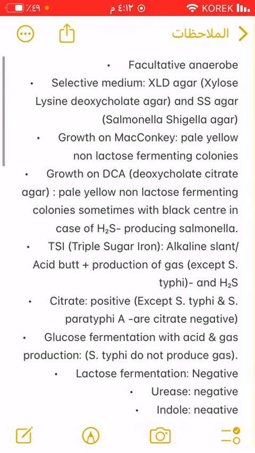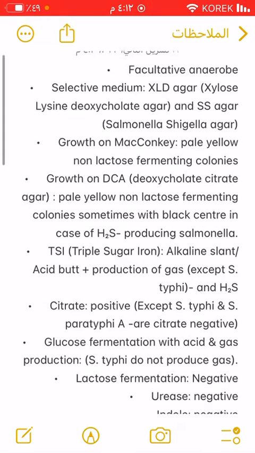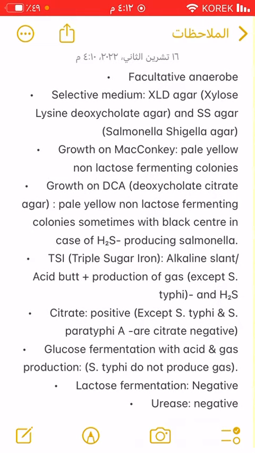It causes severe diarrhea, and it's transmitted through raw meat or infected meat by eating infected meat, and of course milk, animal products. Yes, it's transmitted through raw milk and meat, eating raw meat and uncooked meat.